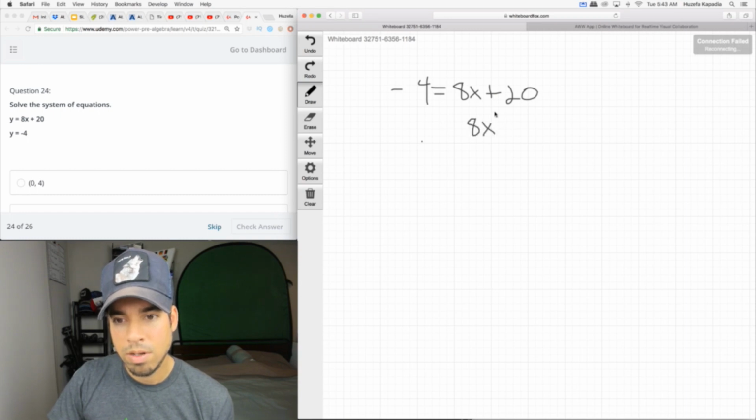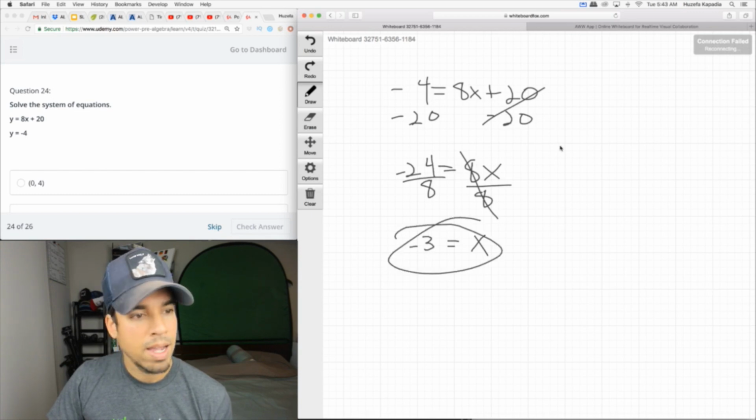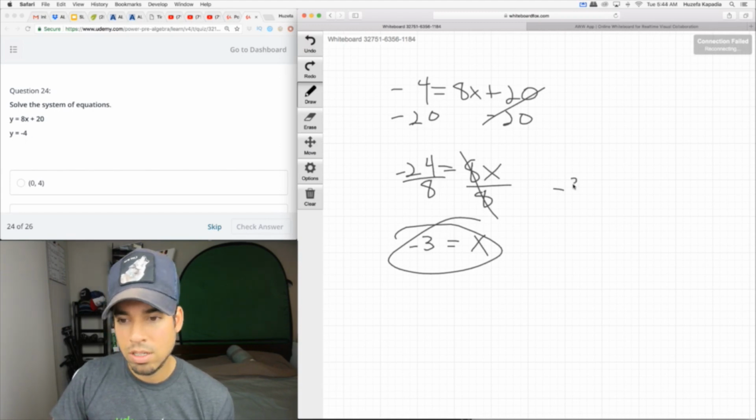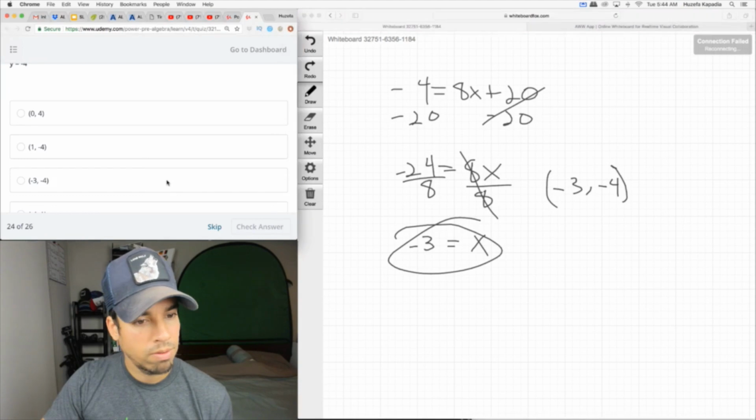Let's subtract 20 from both sides. 8x equals negative 24, divide by 8. x equals negative 3. And if x equals negative 3, we know y equals negative 4, because y always equals negative 4 for this one. So our solution set is negative 3, negative 4. We're just trying to find the point of intersection. That's what we found.